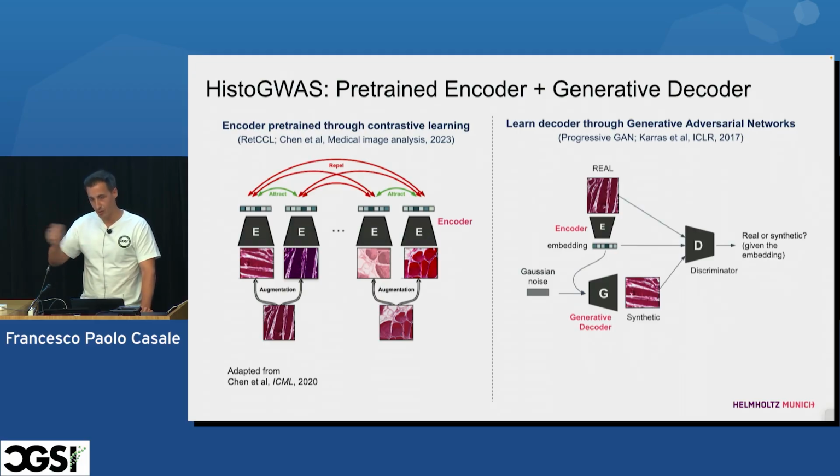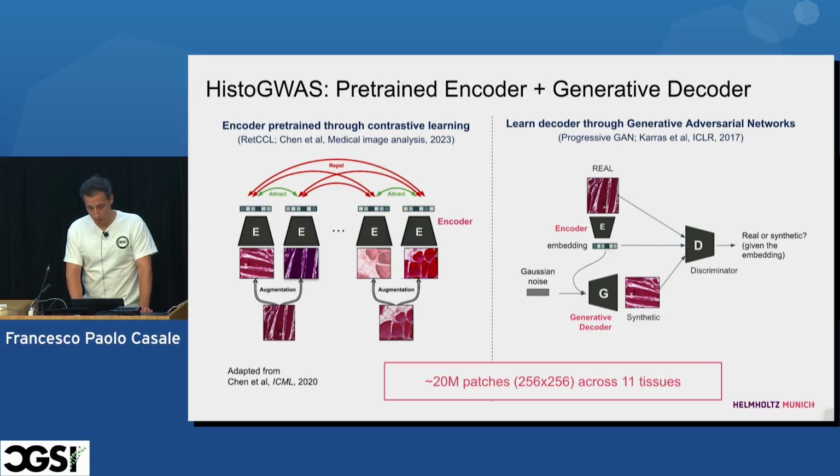These are two players that compete against each other, where the discriminator needs to figure out whether an image is real or synthetic, conditional on the embedding, while the generator needs to make good images conditional on the embedding. The fact that these are trained conditionally, training them against each other, makes the generative decoder learn how to invert the encoding process.